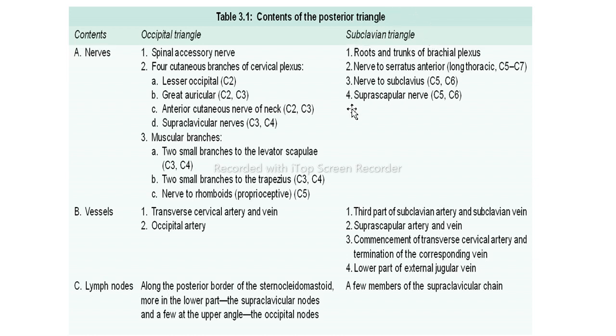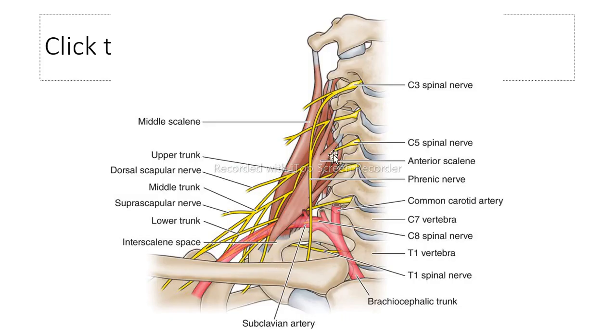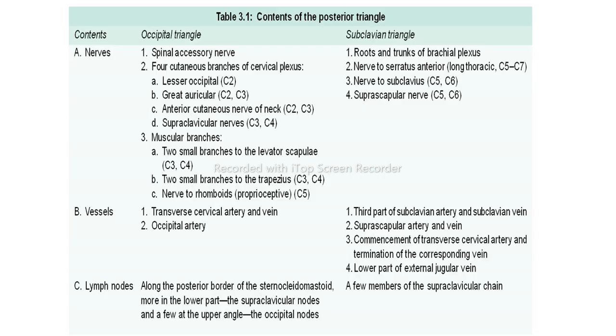Now in the lower part of the triangle, there are the roots and trunks of the brachial plexus. The brachial plexus arises between the scalenus anterior and scalenus medius muscle, with three trunks and branches from the roots. From the C5 root, there is the dorsal scapular nerve. From the C5, 6 and 7 roots, there is the nerve to the serratus anterior muscle.